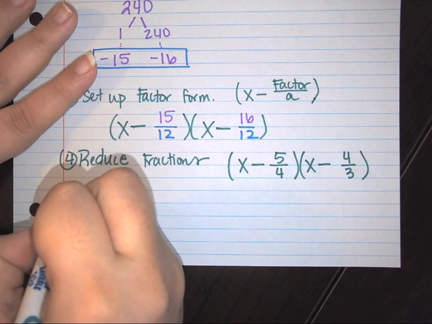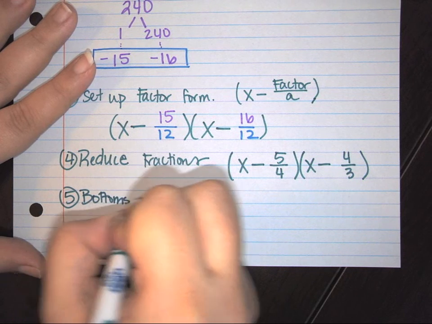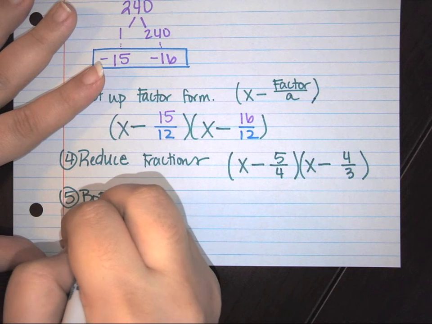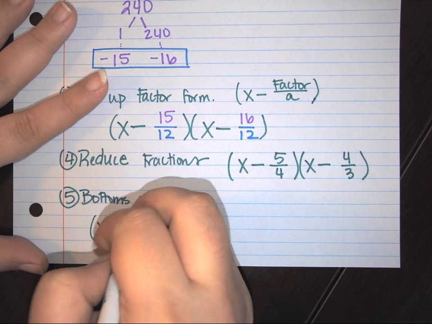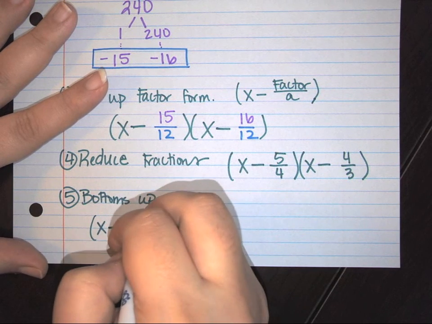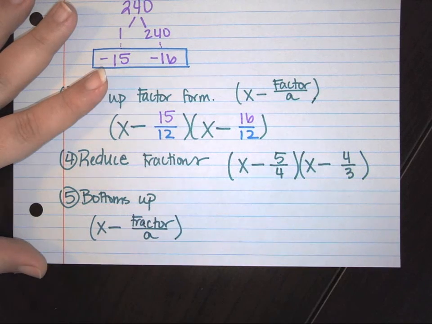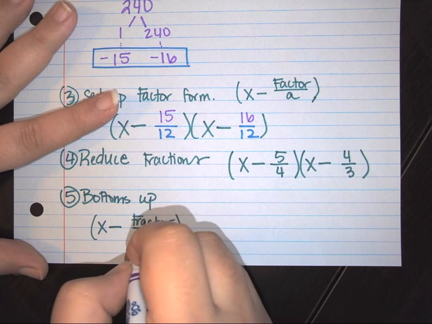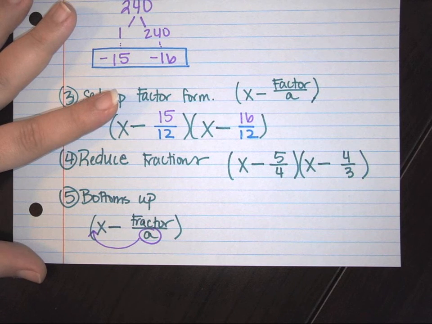And then that last and final step is your bottoms up step. So if you remember, the bottoms up step says you have your x over your fraction, which was factor over a, and it says that you have to take this a part, or the denominator part, and pair it up with the x term.